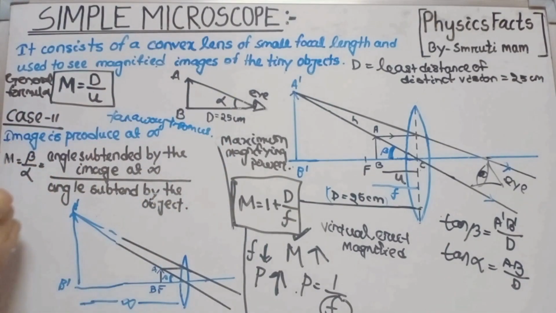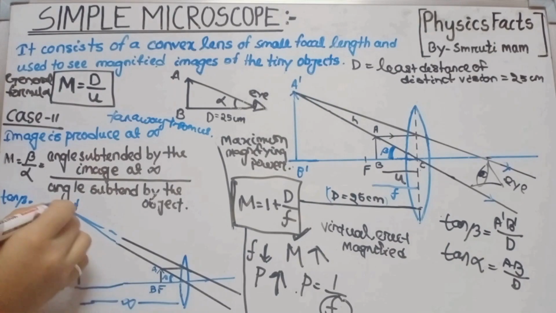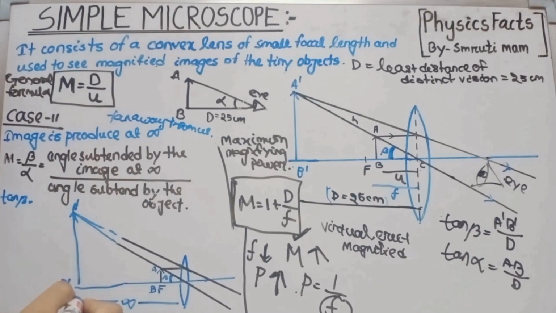Then what is tan beta? Tan beta equals A prime B prime by this distance. Instead of A prime B prime by infinity, we write AB by F, because the angle is the same for this image and also for this object.